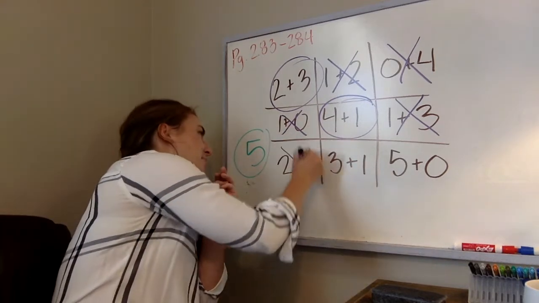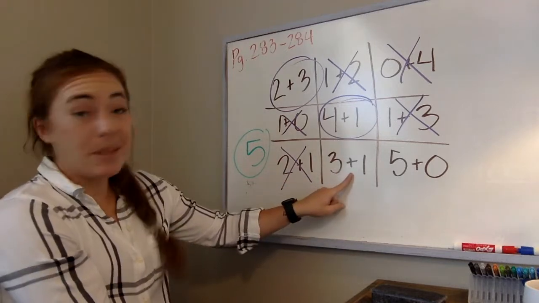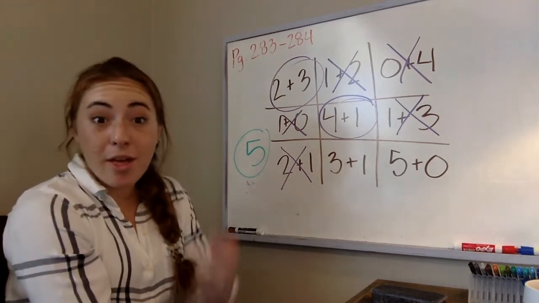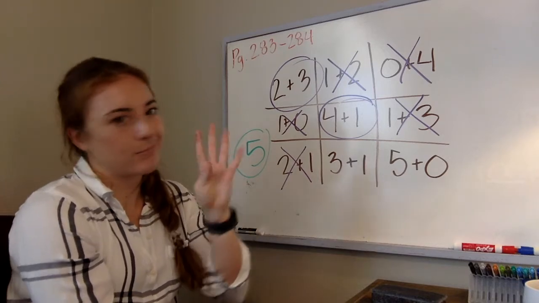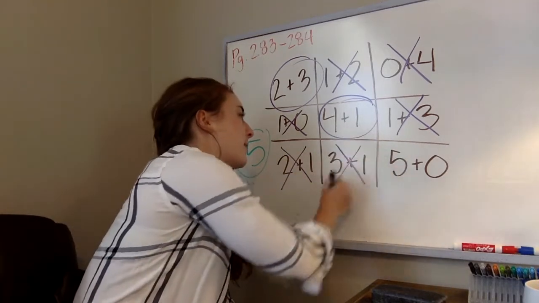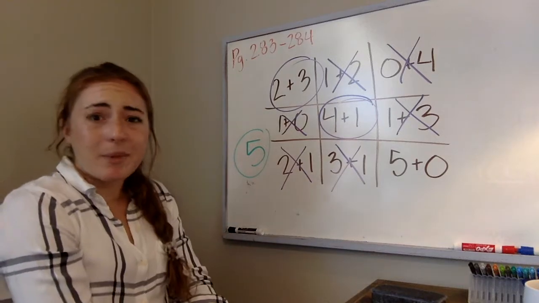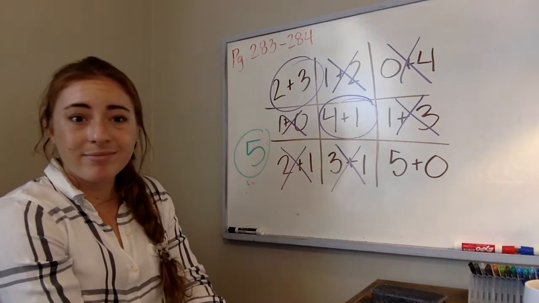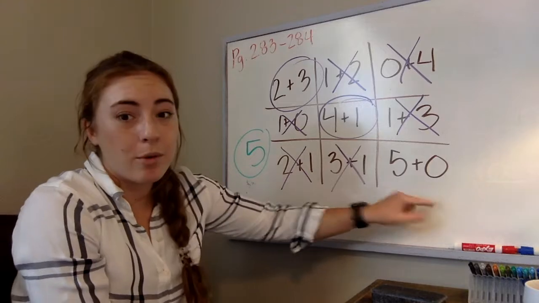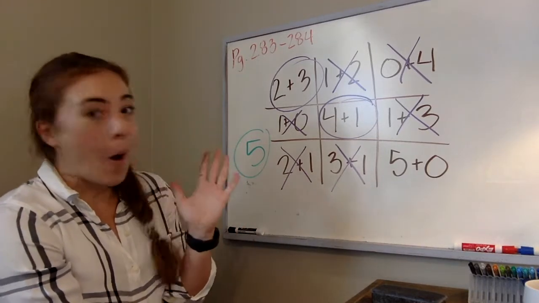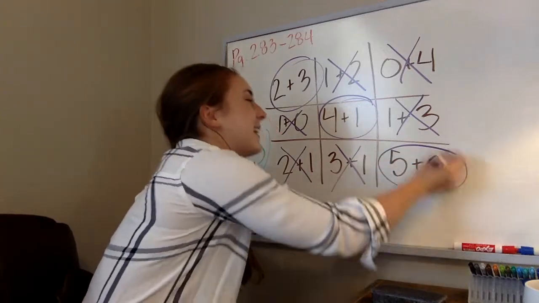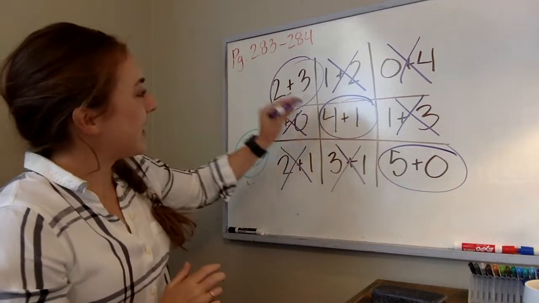Nope. 3 plus 1, does that equal 5? 3 plus 1 more? Nope, that equals 4. Guys, do you think we're going to win our tic-tac-toe game? Let's find out. We have one more. 5 plus 0. Does that equal 5? It does. Look, guys, we won.